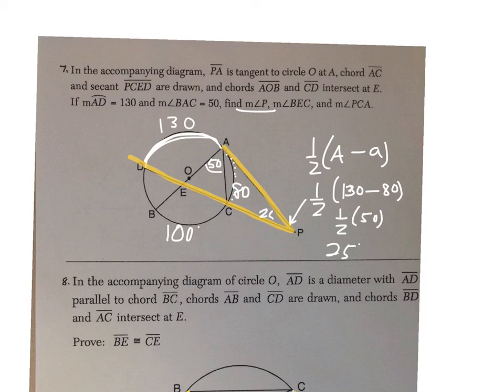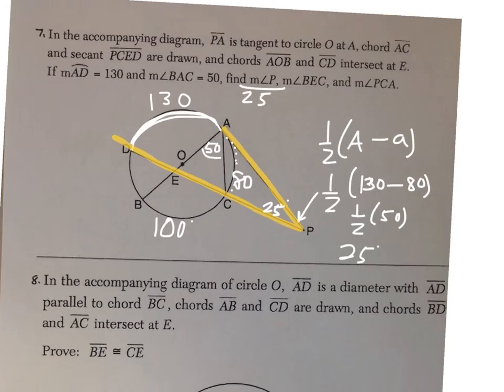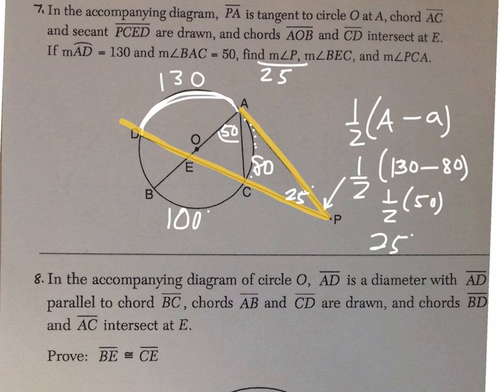I'm going to write it right into the picture. So angle P is 25 degrees, and they're asking me for a couple more things. They're asking me for BEC. I'm going to change colors here. BEC is this angle here. To find that angle, I'm noticing that it's an interior angle, so it would be half as big as these arcs added together, or just halfway between 100 and 130.